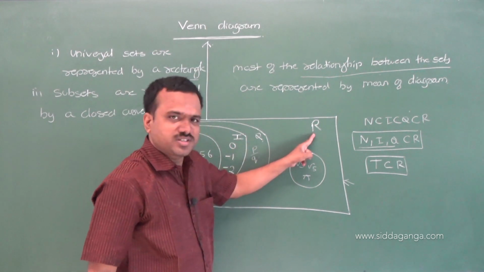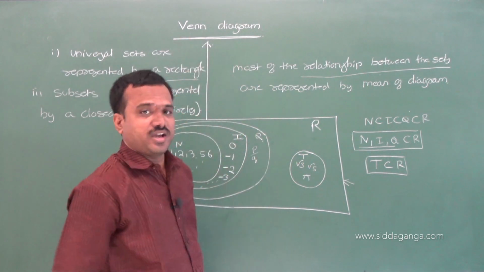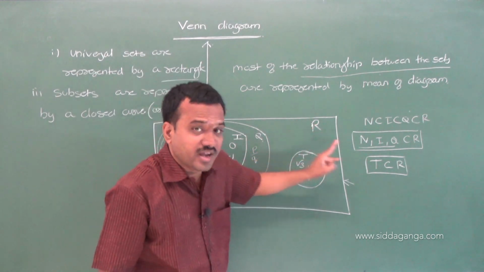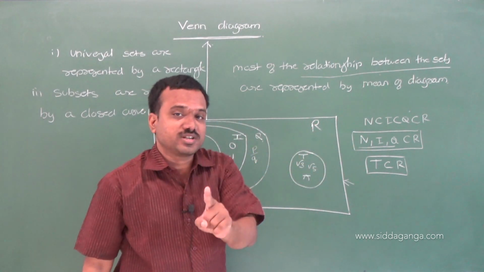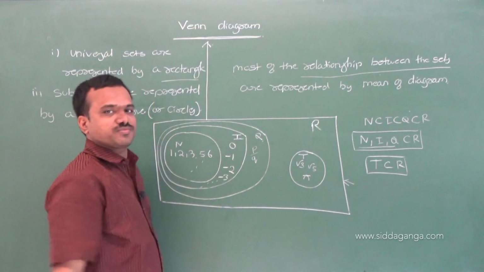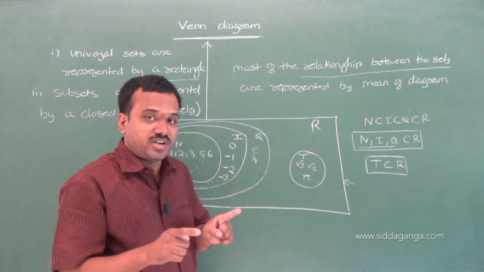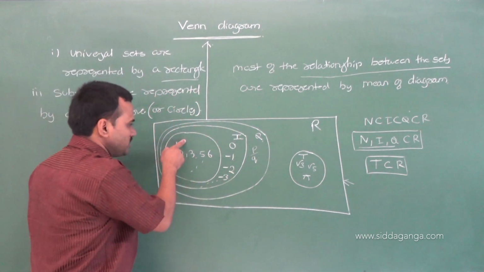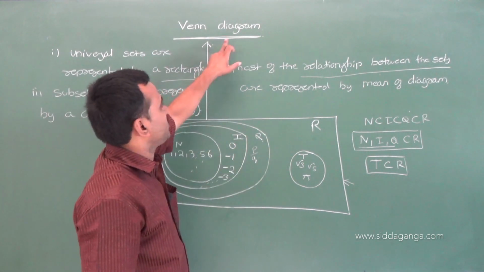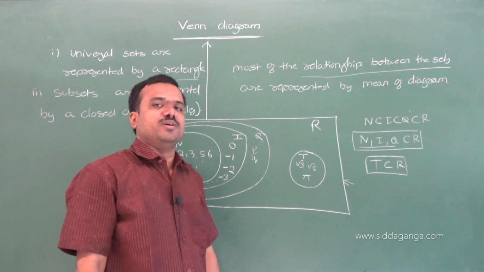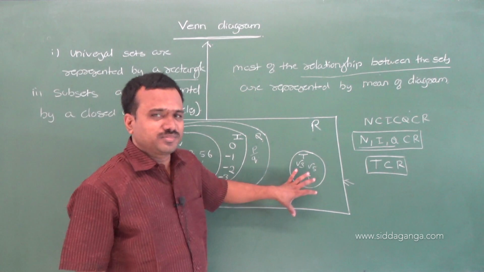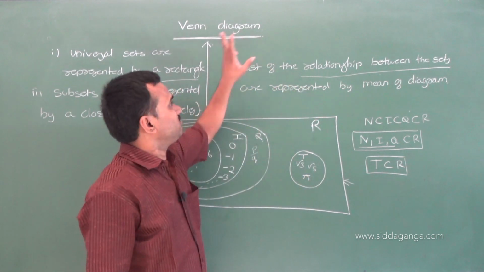So universal sets, very important. In a Venn diagram, universal sets are represented by a rectangle, and subsets are represented by a circle. See, one circle, 2, 3, 4. This diagram we call a Venn diagram. Understand? John Venn is one of our mathematicians.